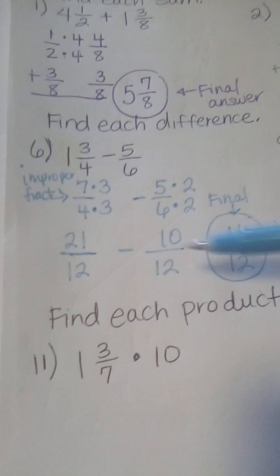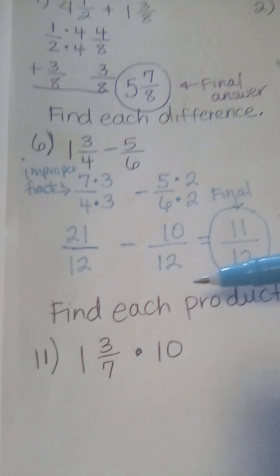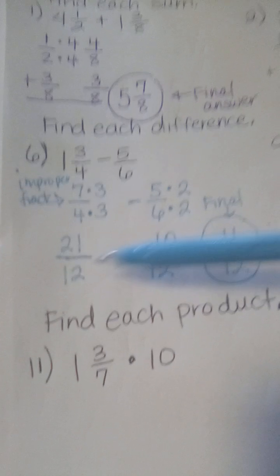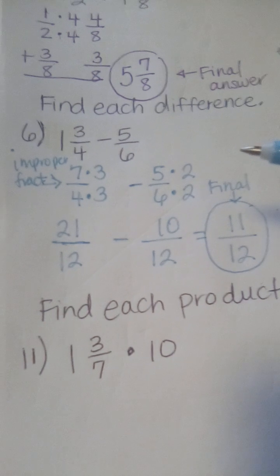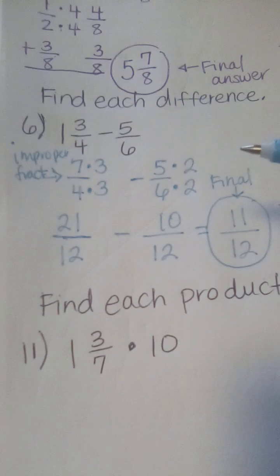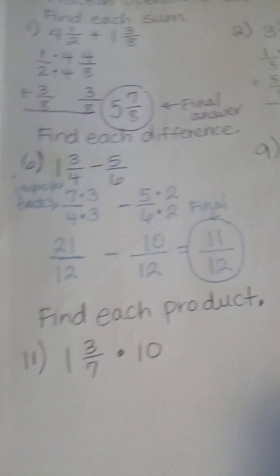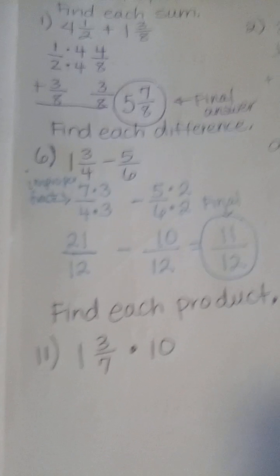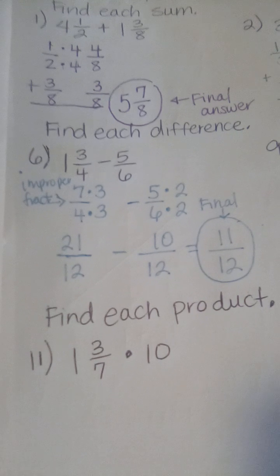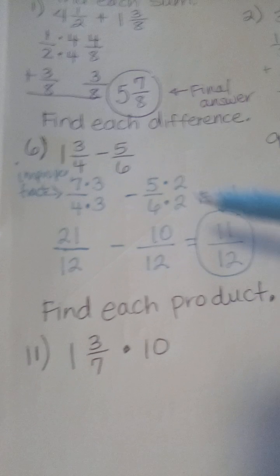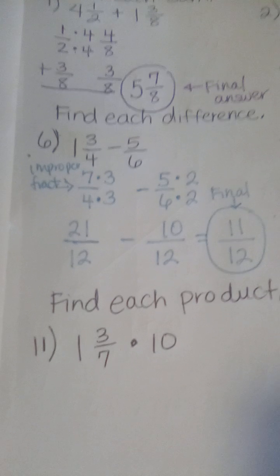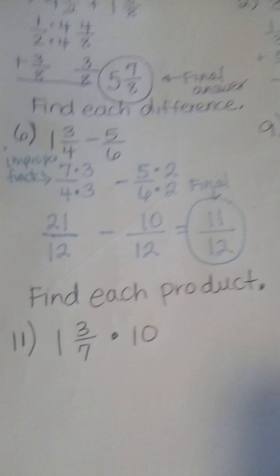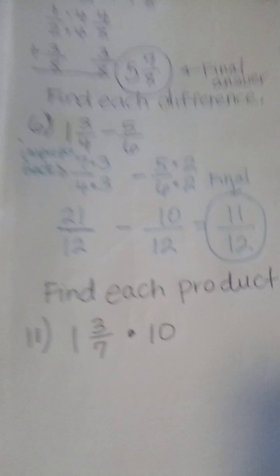When you do the simple math, we leave the denominator alone and subtract the numerators, which is 21 minus 10, that gives us 11. So I hope I gave you more confidence in understanding the subtraction of fractions.